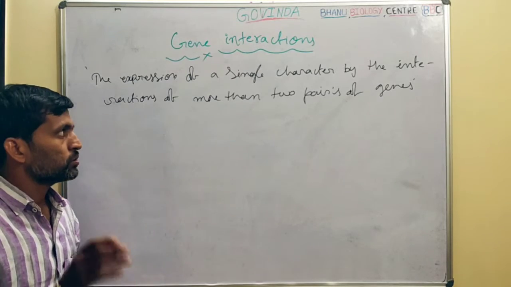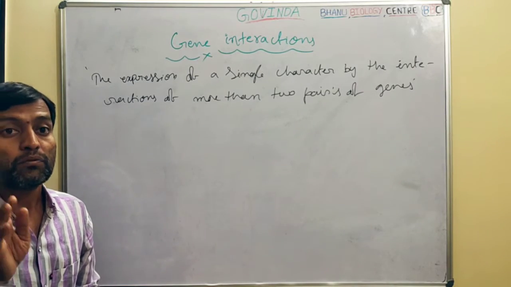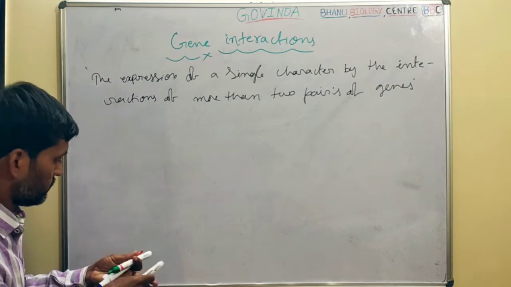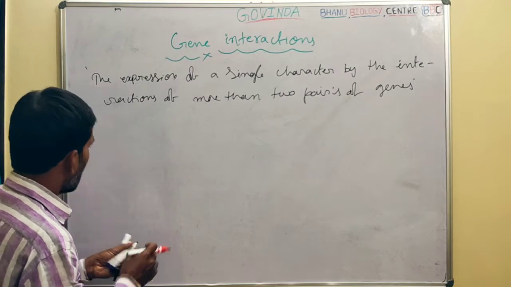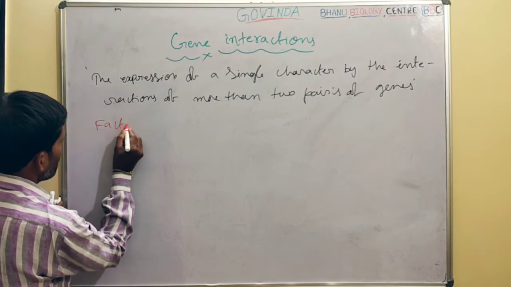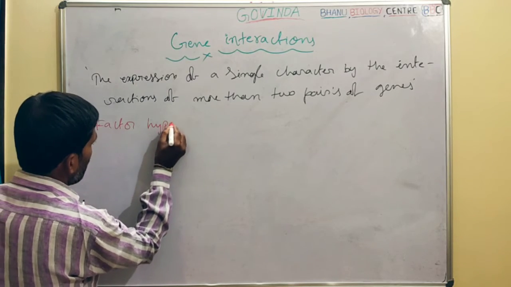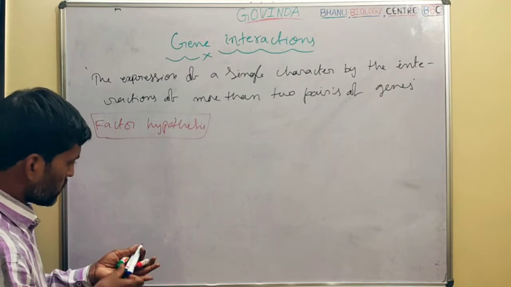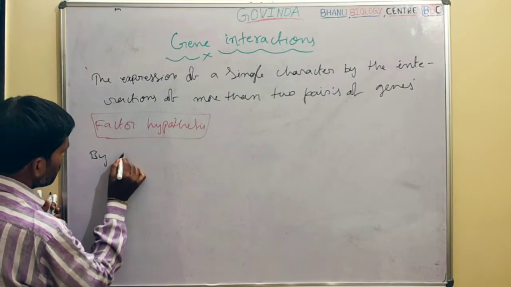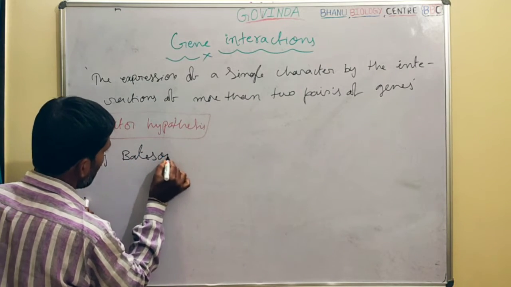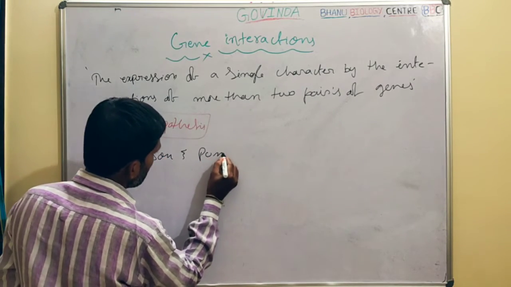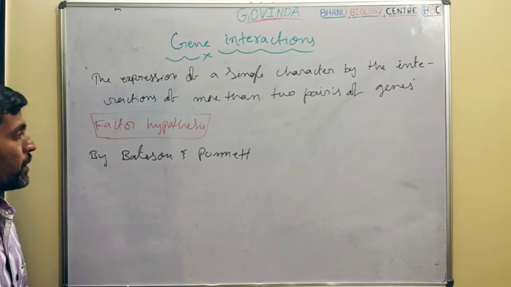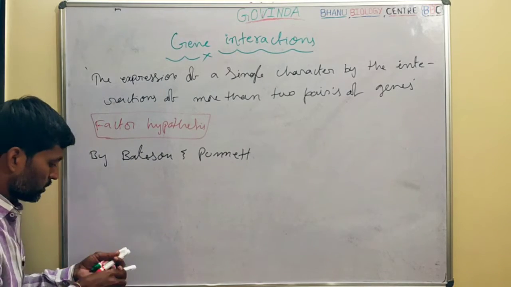Simply, more than two pairs of genes influence a single character by their interaction. Here, one hypothesis is called the factor hypothesis. The factor hypothesis was given by Bateson and Punnett. What does this hypothesis say?